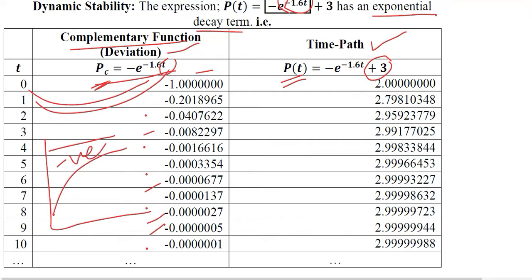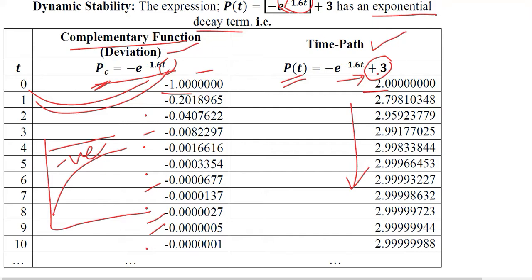Now we add this deviation part with equilibrium in this time path equation. So we get 3 minus 1 becomes 2, and then further calculations are done, which you can do very easily simply by adding 3 in this deviation part, and you will get this.